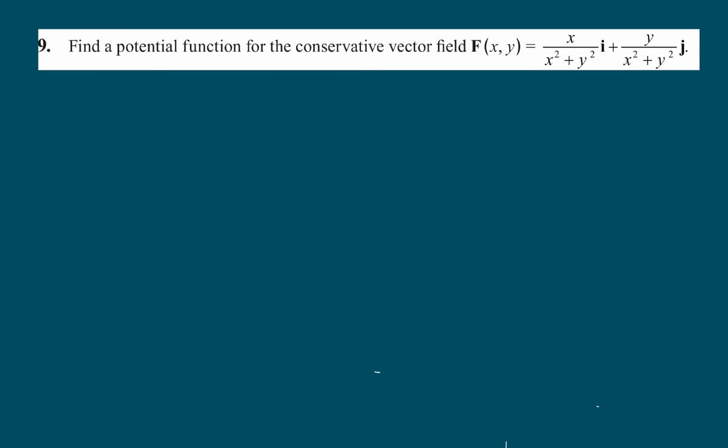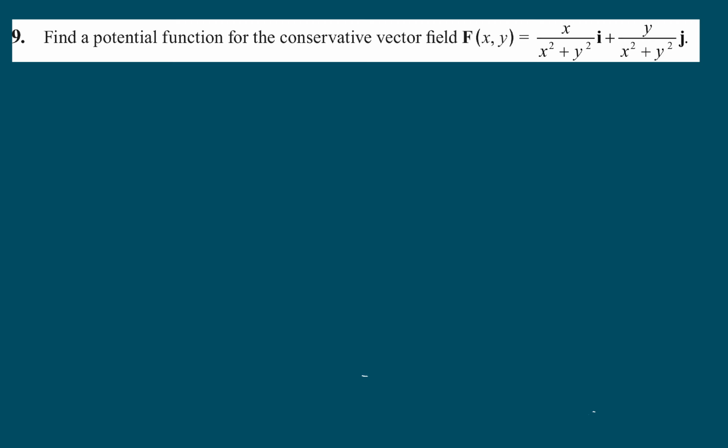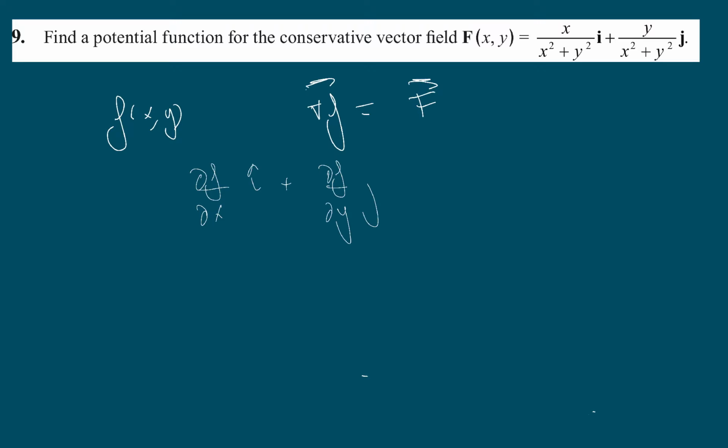So we have to find f of x comma y such that the gradient of f will be the vector field F. But the gradient of f is the partial derivative of f with respect to x times i plus the partial derivative of f with respect to y times j, and this should be equal to the vector field Fx i plus Fy j.